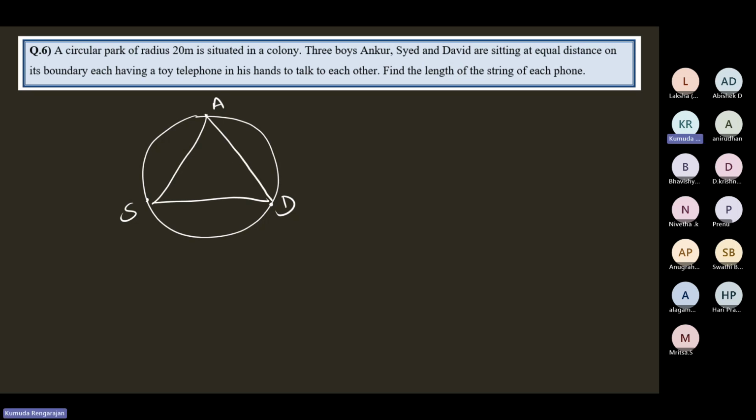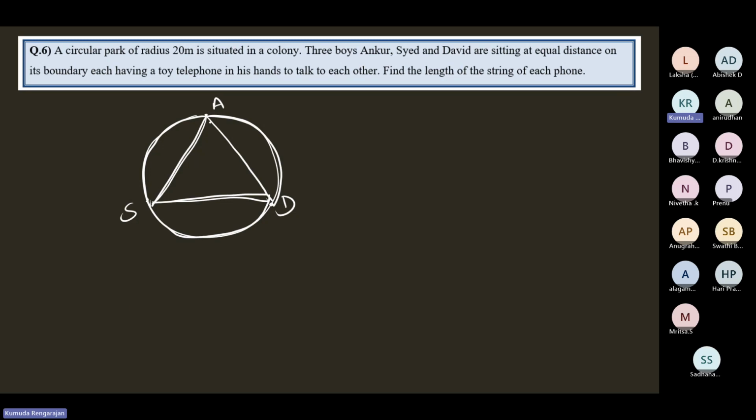Okay, so this is arc AS. This is chord AS. This is arc SD. This is chord SD. This is arc AD. This is chord AD. Equal arcs contain equal chords. Now these three arcs are equal, so their respective chords are also equal, which makes ASD an equilateral triangle.